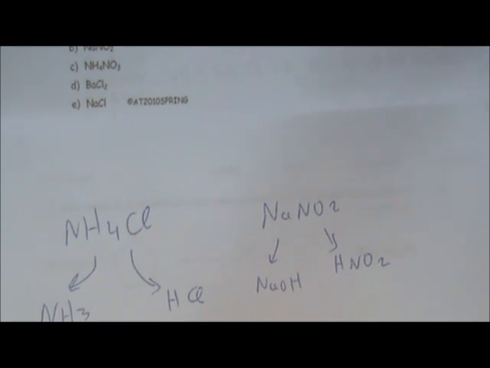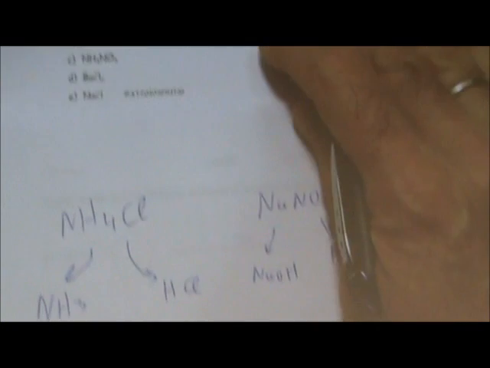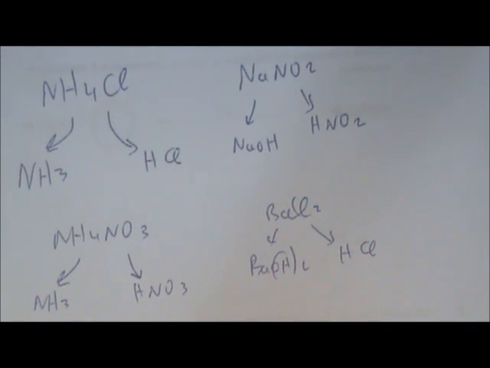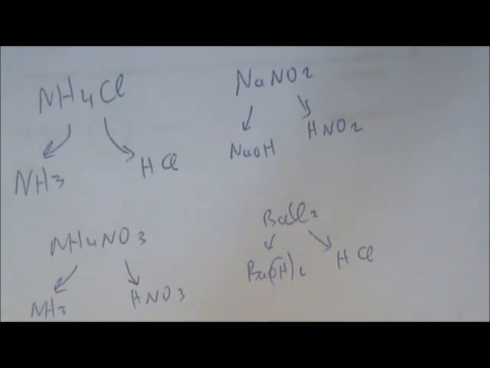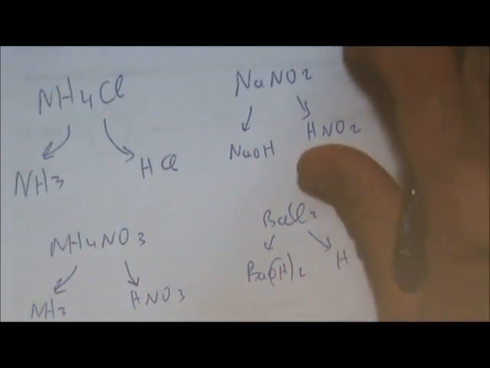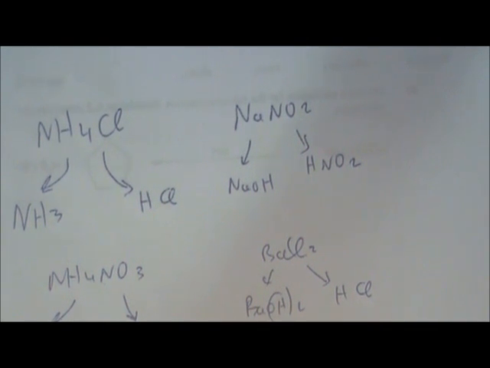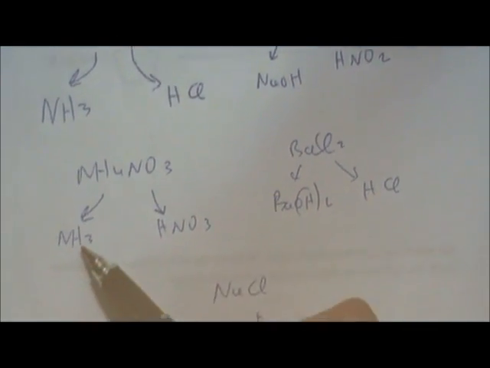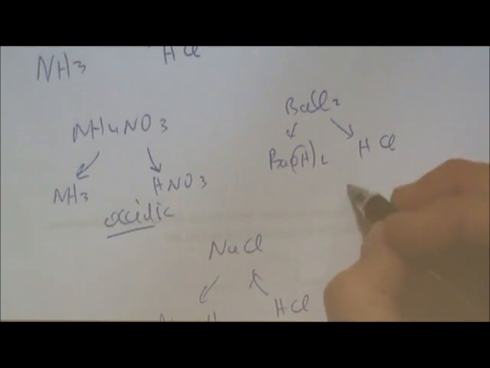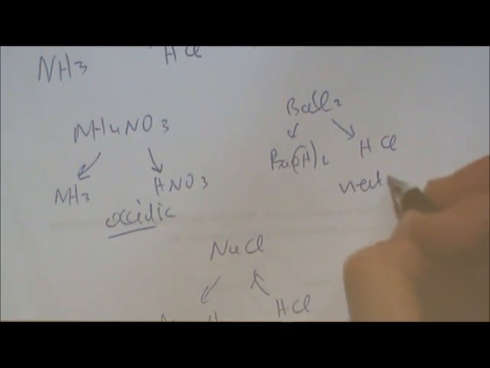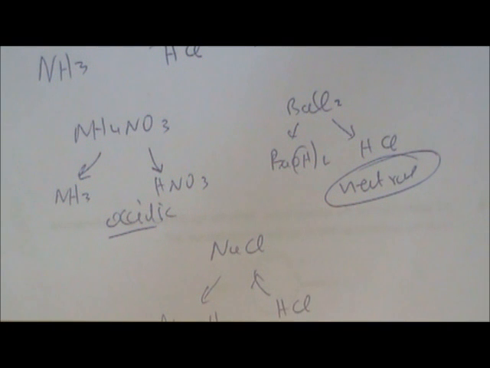And sodium chloride comes from HCl and sodium hydroxide. Okay, so strong and strong will give you neutral, right? Strong and strong, neutral. Weak base, strong acid, that's going to be acidic, right? So this is acidic. This is neutral. This is neutral.